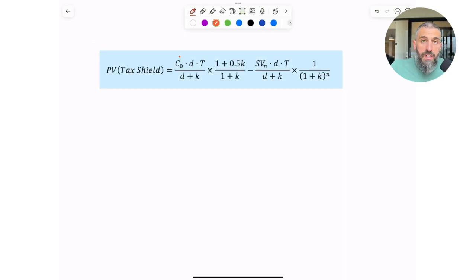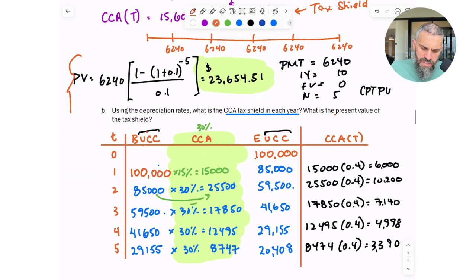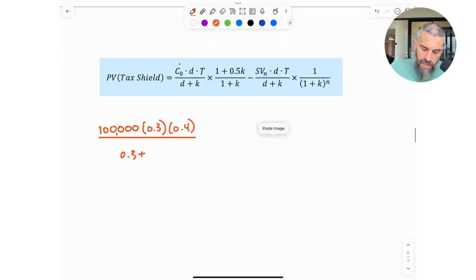So C0, that's the cost of the asset, right? So 100K. D is your depreciation rate. That was 0.3. T is your tax rate. That was 0.4. Divided by D, that's 0.3. K is your discount rate, or cost of capital, which I think it was 10%, yeah. Times 1 plus 0.5 times K, your cost of capital, over 1 plus K. Minus the salvage value, which was 22,000.